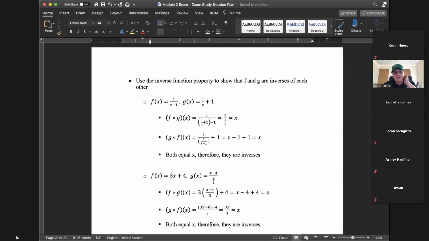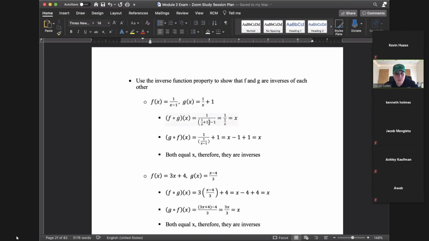All right, using the inverse function property to show that f and g are inverses of each other. We have f of x equals 1 over x minus 1, and g of x equals 1 over x plus 1. We're going to do f of g of x by composing functions, replacing the x in f of x with g of x.